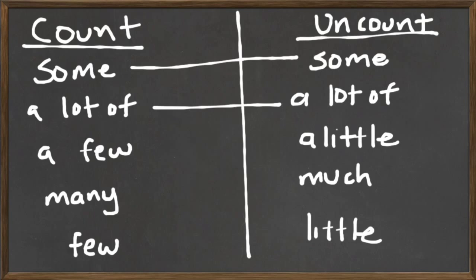For countable nouns, we have a few, many, and few. The difference between a few and few is that a few is a small quantity.